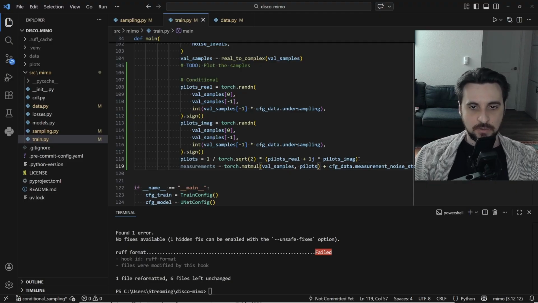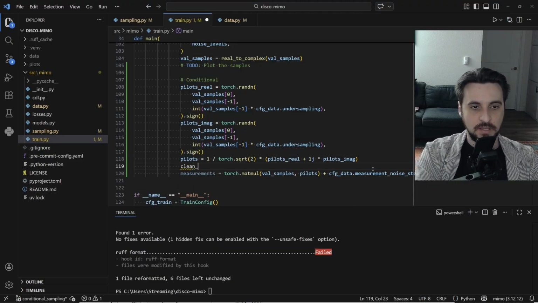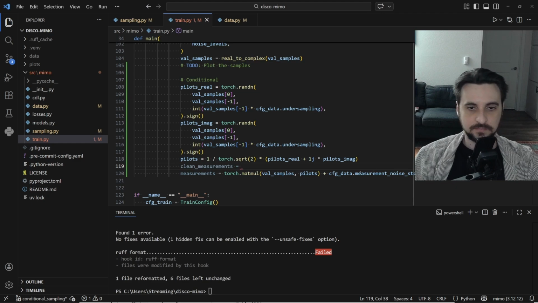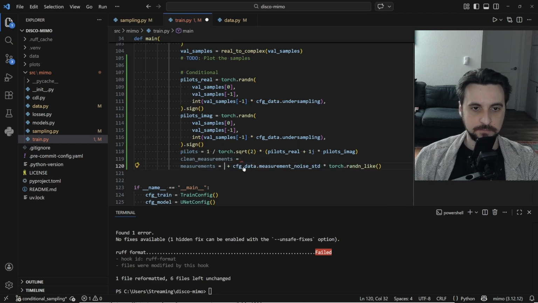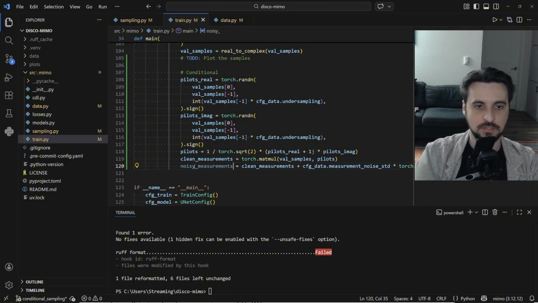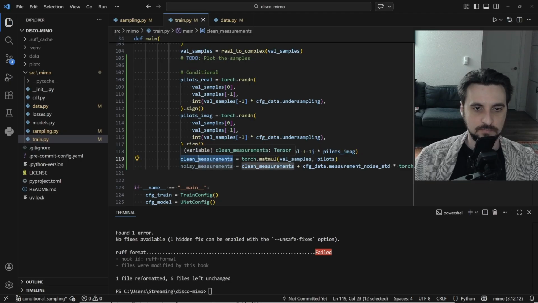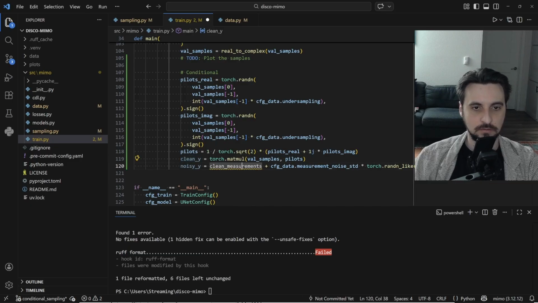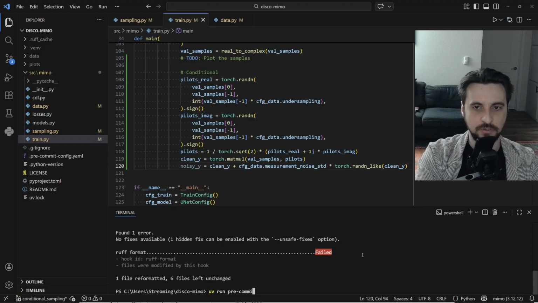This is another case where I need to split. So clean measurements, I'm first going to get these, and then the measurements are just measurement clean plus torch randn like clean. Okay, and we're going to call these noisy measurements. And I'm going to call these clean y because the names are too long and I kind of don't like it. Okay, there we go. This is pretty clean now.